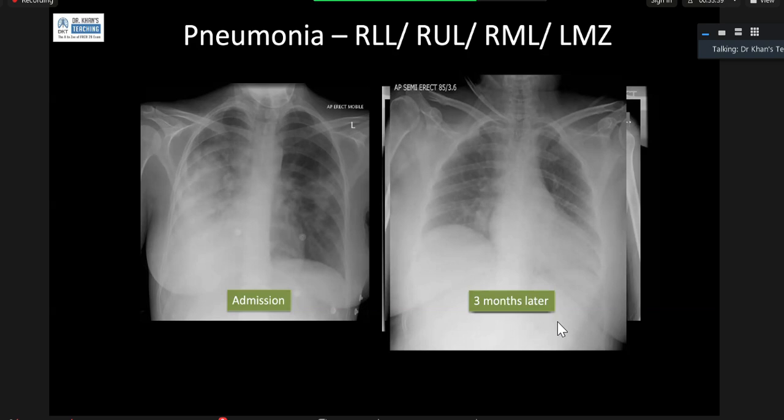And if it's not resolved, you cannot leave it at that. You will have to follow it up closely after treatment again with another X-ray or with a CT scan, ideally, to look for any cause, that is a tumor or a small endobronchial lesion or something sitting there which is not allowing the infection in that particular region to resolve, right?